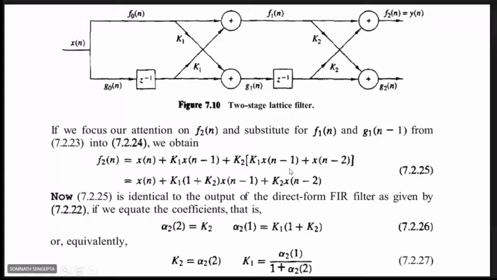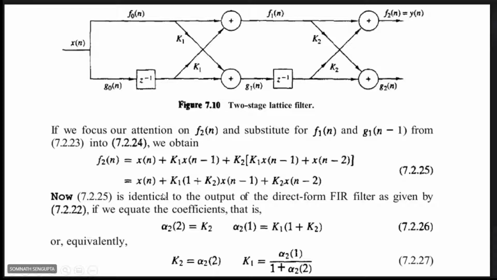So that is written there, that k2 into k1 xn minus 1 plus xn minus 2 is equal to xn plus, now xn minus 1 is common, so it becomes k1 into 1 plus k2 xn minus 1, plus k2 into xn minus 2. Now this is the output F2n or yn.